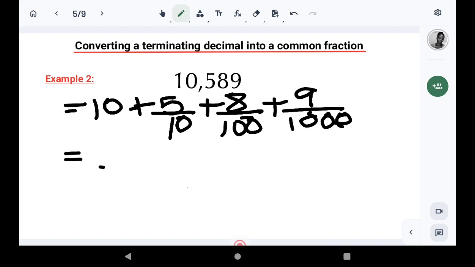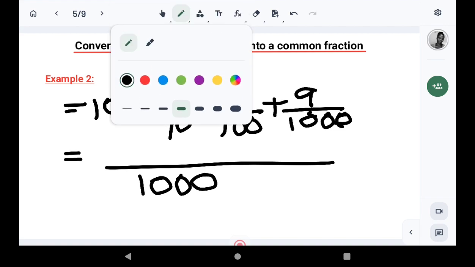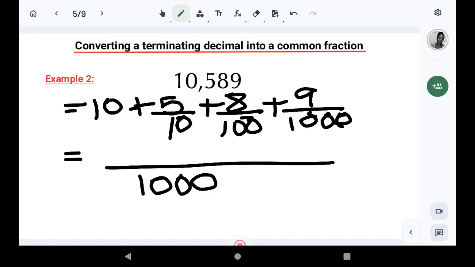Now you find a lowest common denominator. The lowest common denominator is 1000. That is the LCD. You treat this as you would any normal fraction.